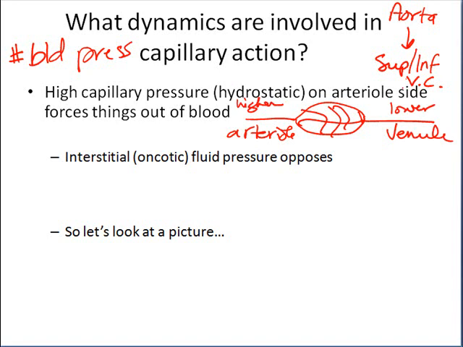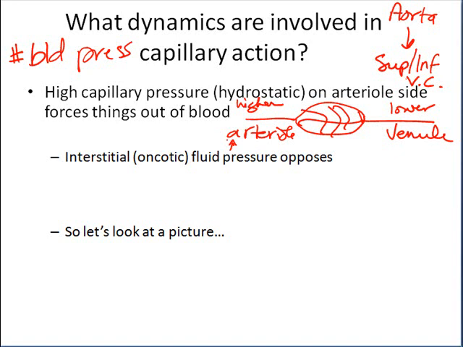But the number one reason why we get the filtration or the movement outward of items from the blood and into the surrounding tissues on the arterial side is due to the fact that the blood pressure is slightly higher there than it is at other locations along the blood vessel or the capillary bed.